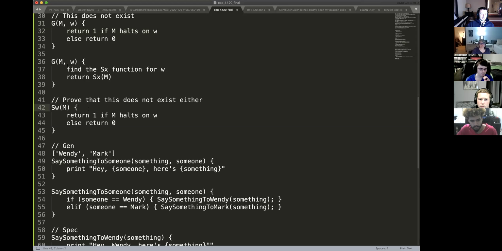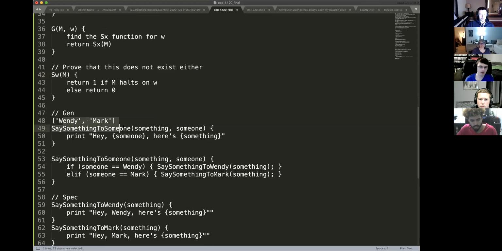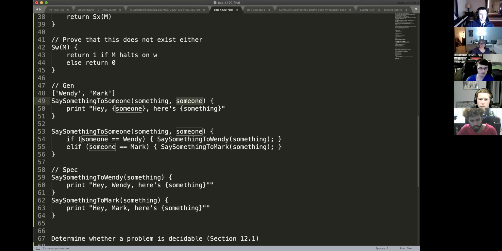Right? So in order to generalize, you will need a complete array of those specialized functions, just like we had here. Say something to someone works with anyone. But say something to Wendy only works with Wendy. Say something to Mark only works with Mark. But since someone could only be either Wendy or Mark, then we can say, hey, if someone is Wendy, just pass that something to say something to Wendy.